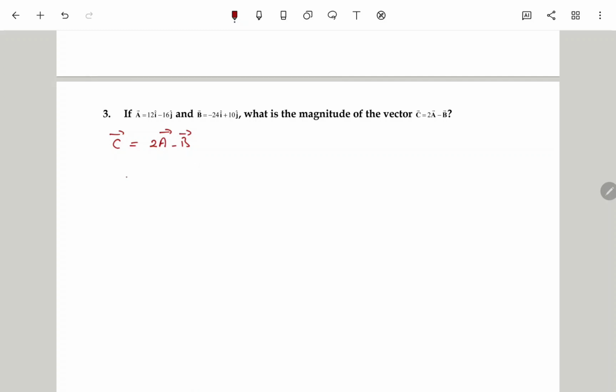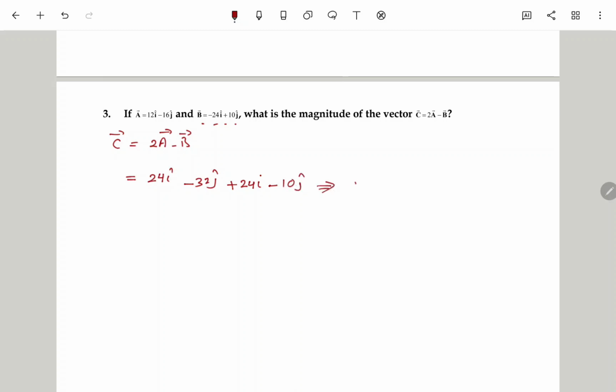When you multiply vector A by 2, you get 24i minus 32j, plus 24i from here, and don't forget this is minus, and another minus from here, so it becomes plus 24i minus 10j.